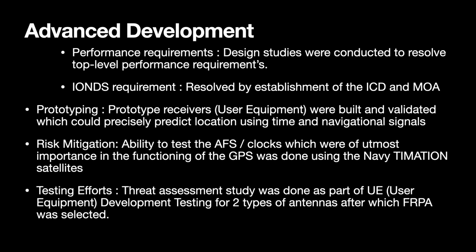Prototyping. Again, the receivers, that is the user equipment, were actually prototyped. So let's see how. Prototype receivers, or the user equipment, which could precisely predict location using time and navigational signals, were built and validated. Performance limits under dynamic conditions in a severe environment were also established.